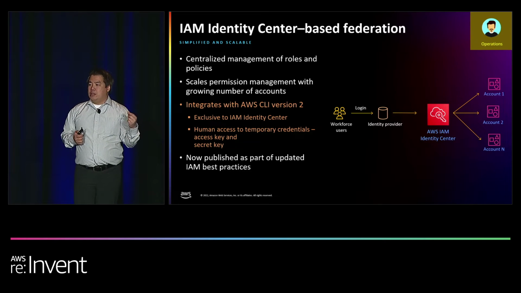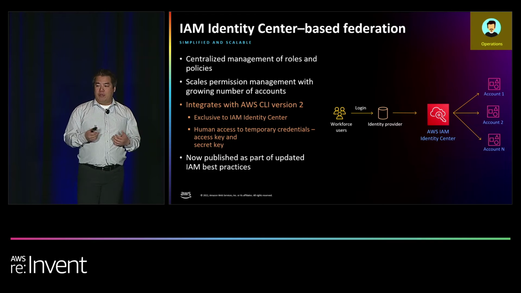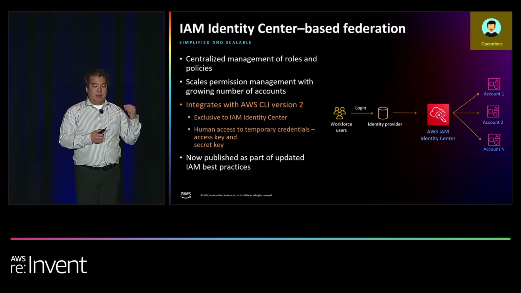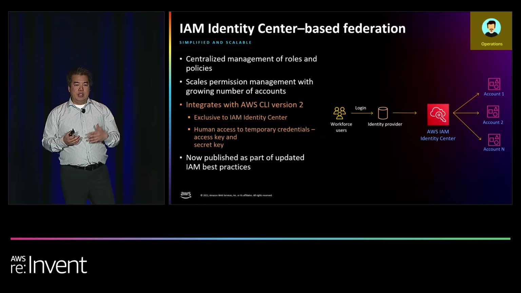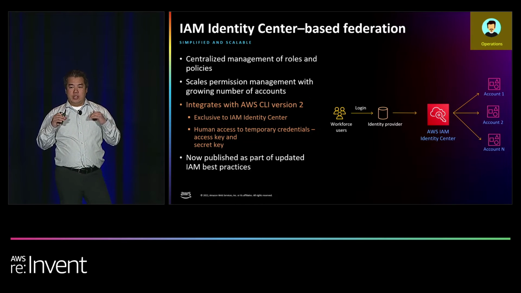What's great about this is that you can now log into Identity Center through the command line, and you'll be authenticated and have a role, and from that you can also get the access keys and secret keys if you wish. You don't have to, but you can if you need those keys. Otherwise, if you're logged in through the CLI, you can just start typing commands, like aws s3 ls to list all your S3 buckets.